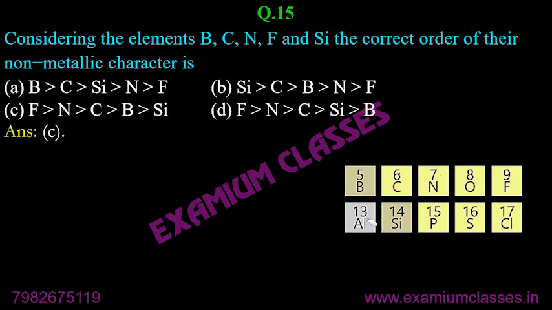So non-metallic character will be least if its metallic character is higher. And you know that silicon is actually a semiconductor, which means it conducts electricity more than boron. So it is more metallic, meaning less non-metallic than boron.